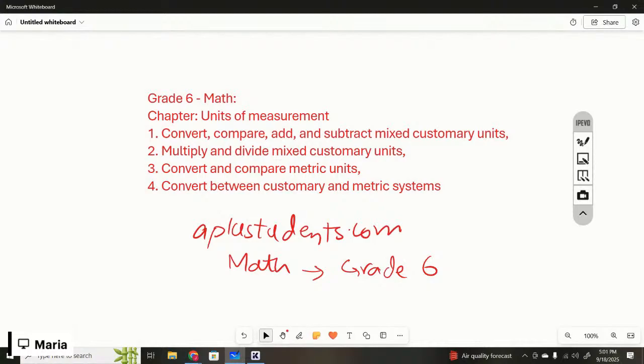We're going to start with the chapter. The lessons we're going to cover today are units of measurement, convert, compare, add, and subtract mixed customary units, multiply and divide mixed customary units, convert and compare metric units, convert between customary and metric systems.